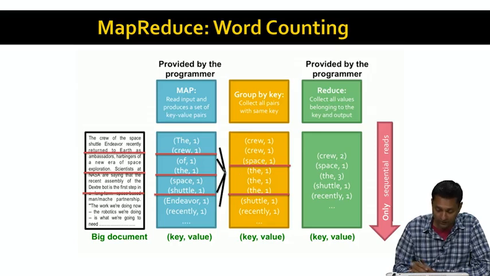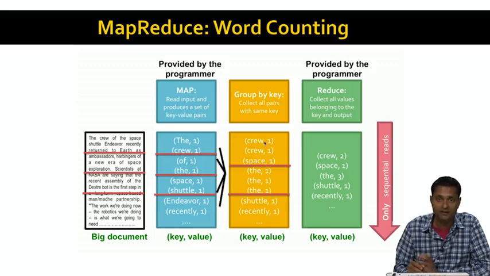So all instances of the, whether it started from map node 1 or map node 2, ended up at reduce node 2 in this case, and all instances of the word crew, regardless of whether they started from map node 1 or map node 4, ended up at reduce node 1.